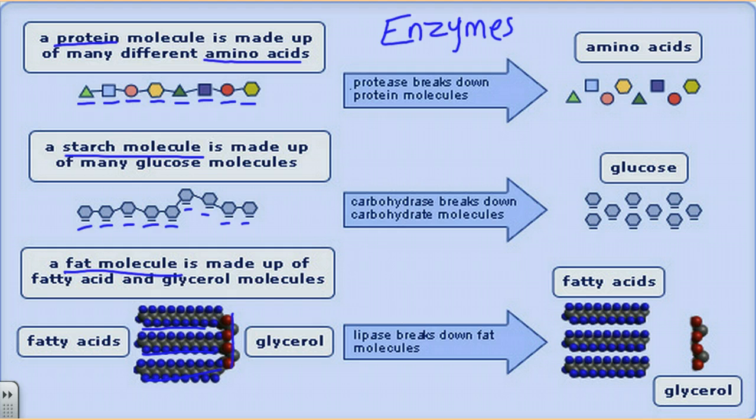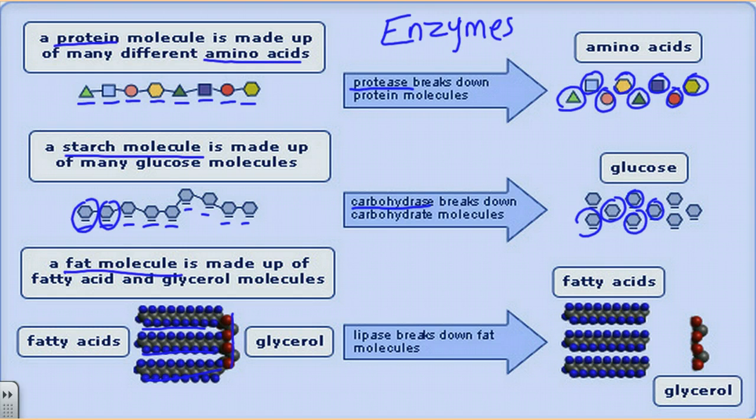After we use the enzyme protease, we can break down a protein to give all of these single units of amino acids. By using the enzyme carbohydrase, we can break down the starch molecule to give individual units of sugar or glucose.